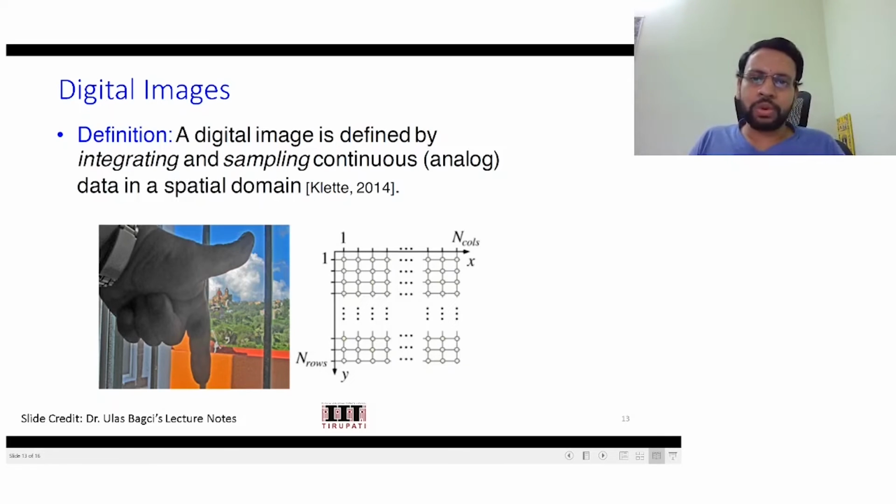So a far more formal definition is that a digital image is defined by integrating and sampling continuous data in a spatial domain. In that particular region, the region in practice can correspond to the size of the array, so you would be integrating the whole value that comes there. That's why it is integrating and sampling continuous data in a spatial domain.